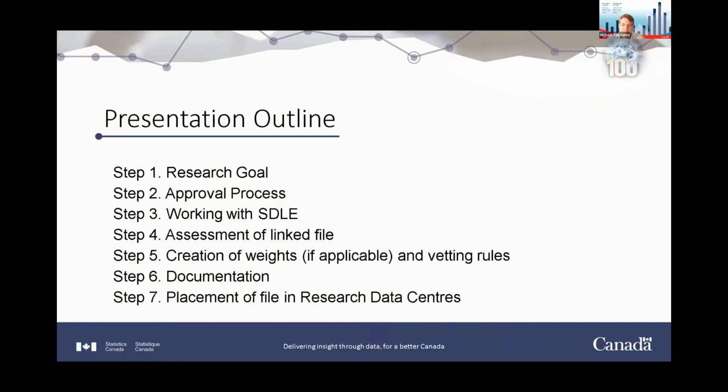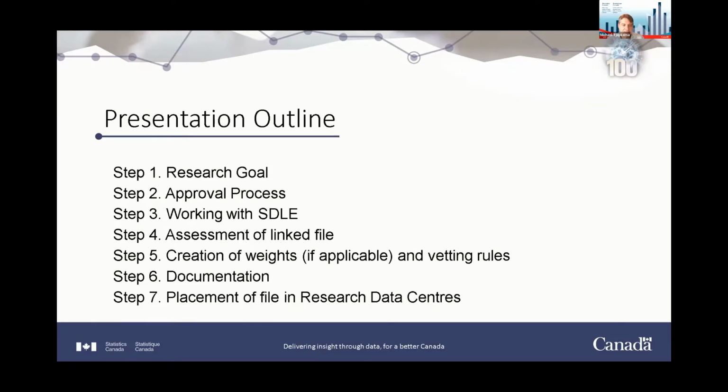So overall, there's probably 7 main steps that are required to make this happen. Step 1 would be the research goal, or why do you want to create the linked data set. Step 2 would be the approval process to get that data set linked. Step 3 would be working with the social data linkage environment to do the actual linkage.